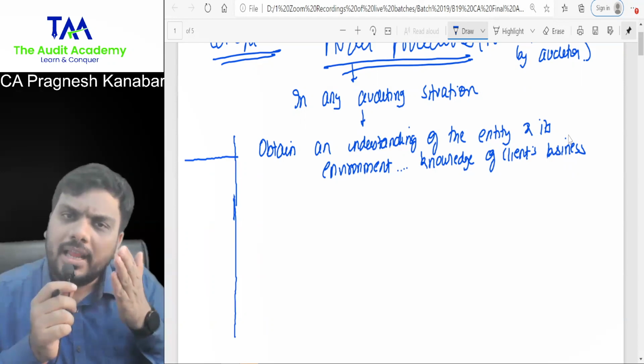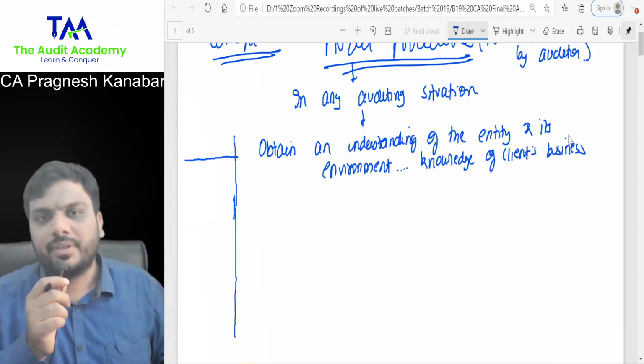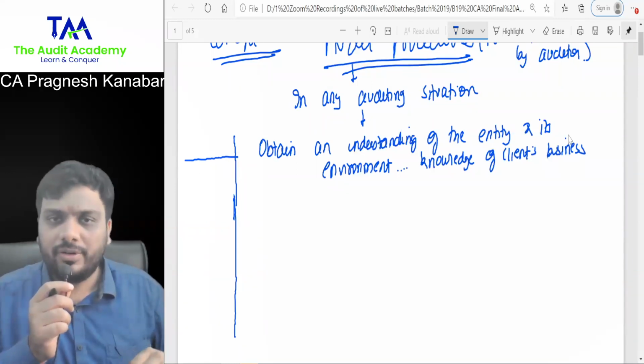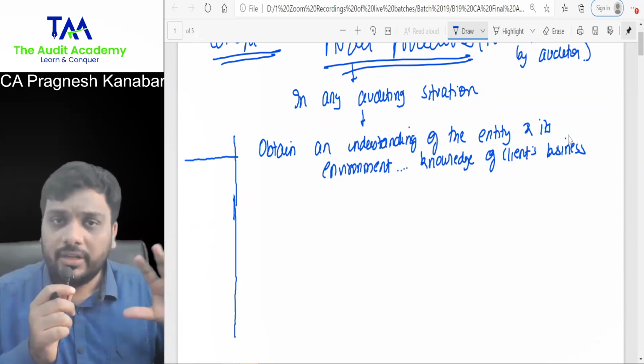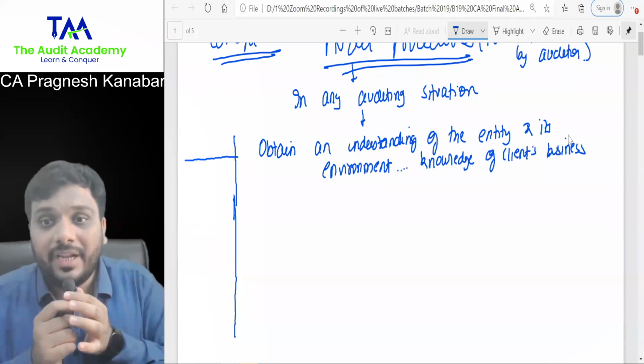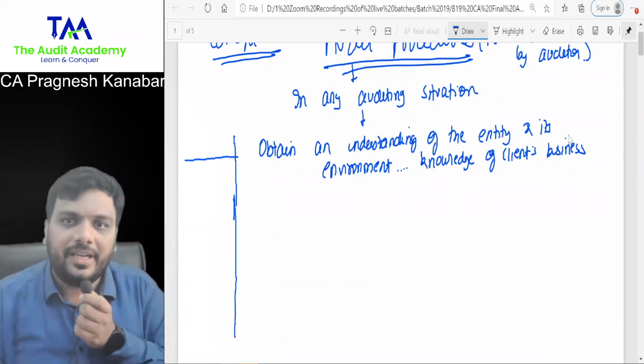That person is going to slap me and he's going to doubt my chartered accountancy degree. Tell me, in a departmental store, are you going to get trade receivables and provision for doubtful debts if that store is completely running on a cash model? No, sir. So you need to obtain an understanding of the entity and its environment, knowledge of the client's business, so that you can understand what to expect in their financial statements.